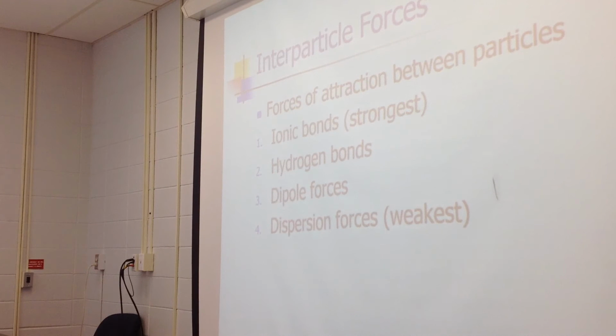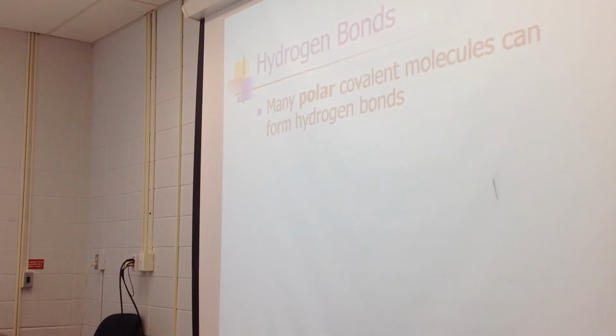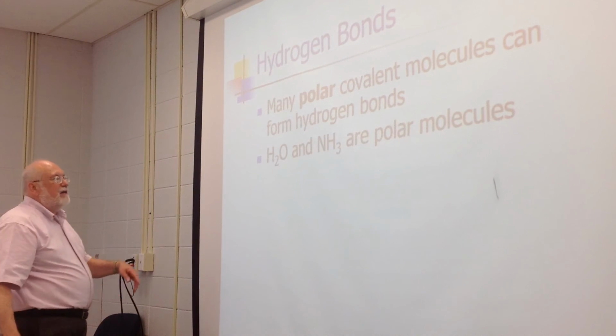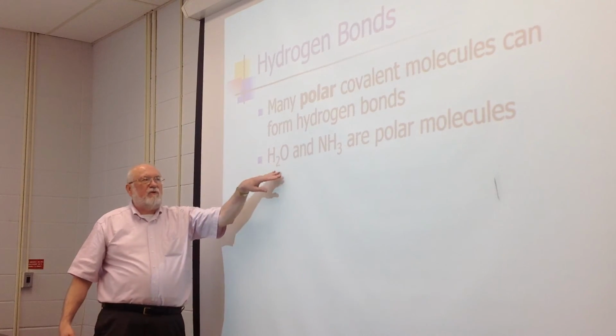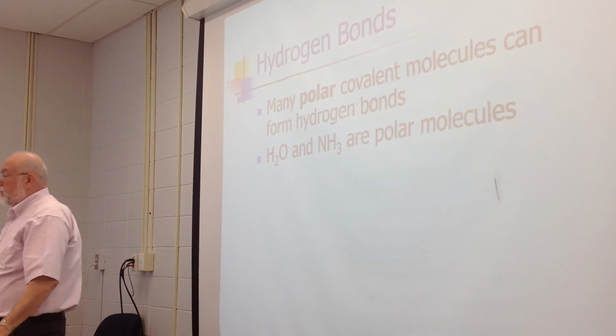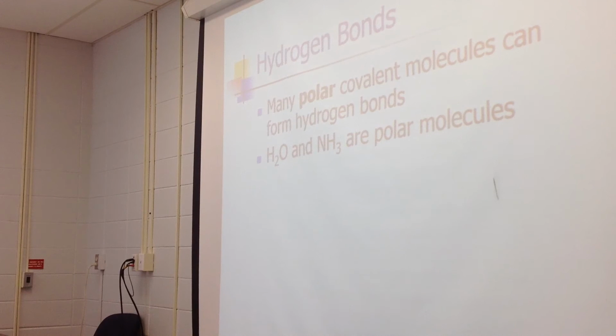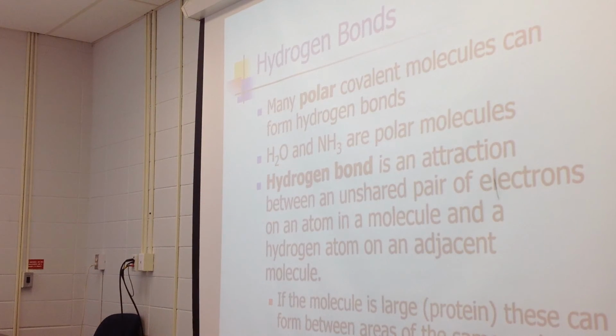Are they alike? No, not really. Although there's going to be a little bit of blending here in a bit. Hydrogen bonds, let's take a look at them first. Well, a lot of polar covalent molecules can do them, of course, and two that are infamous for doing it are water and ammonia, but there's going to be a lot of others that do too. And we're going to see more of this when we get into the organic compounds next week.